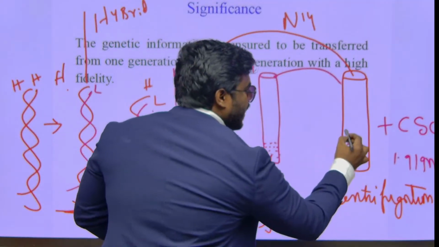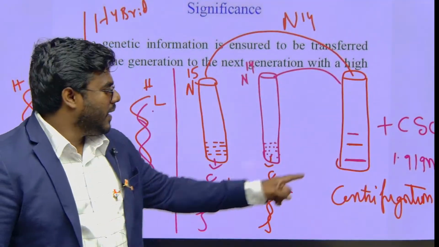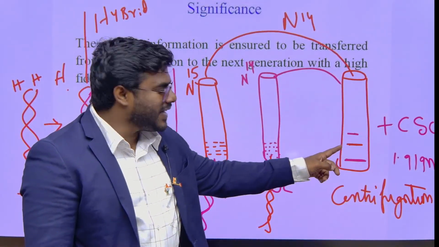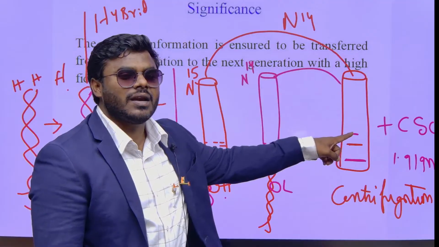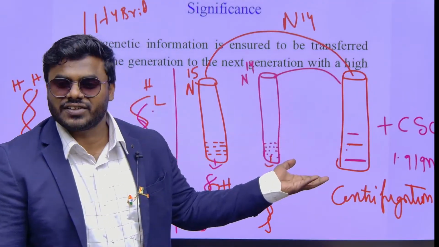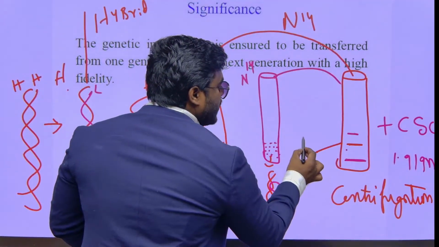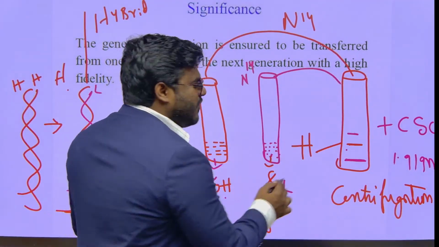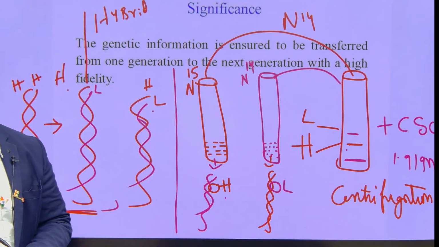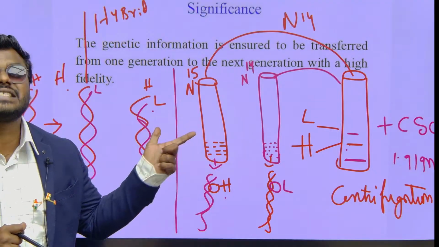Now can I conclude N15 is definitely heavy because it settled before the N14? So compared to N15, N14 is lighter. Here we can give a conclusion: the parent strand is always heavy, the daughter strand is always light. Based on what have we given this conclusion? Just based on the density.